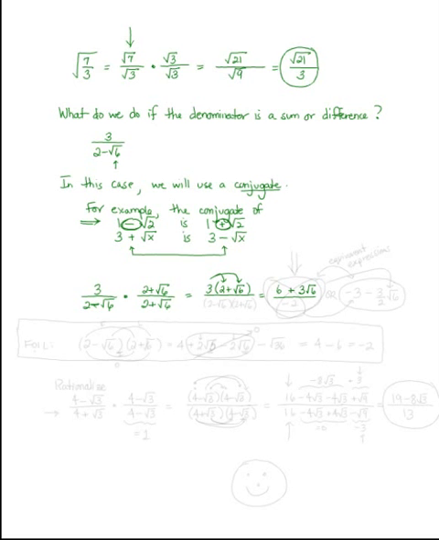Now, in our denominator, we have 2 minus square root of 6 times 2 plus the square root of 6. In order to take care of our denominator, we're going to have to FOIL our denominator. FOIL is when you have a binomial times a binomial.